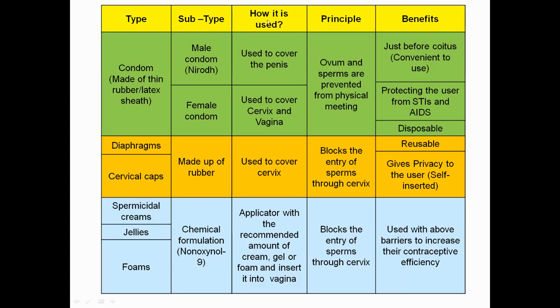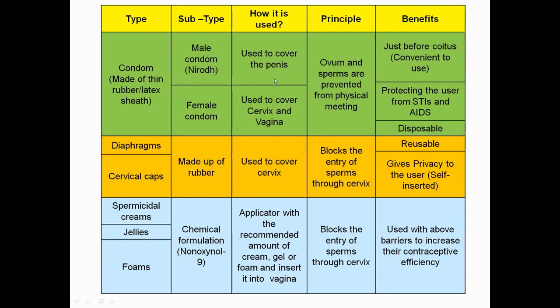Next is the barrier method. The barrier method is quite prevalent in Indian society, and there are various types of barrier methods. First of all, the condom, made of a thin rubber latex sheet, can be used by males and females. The first indigenous male condom was the Nirodh, made by the government of India.